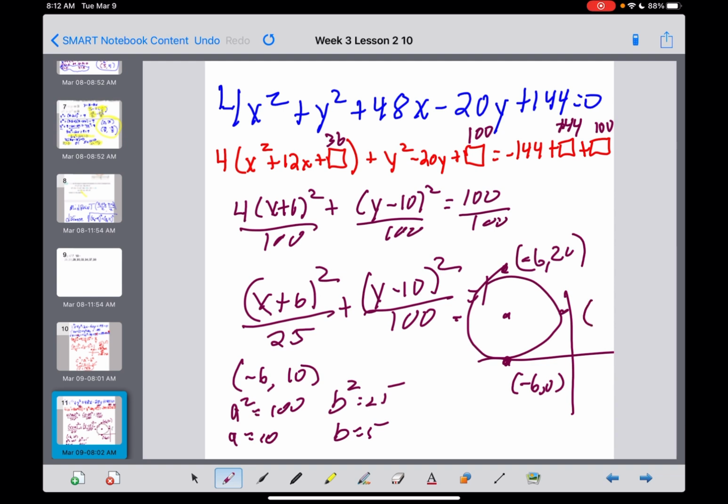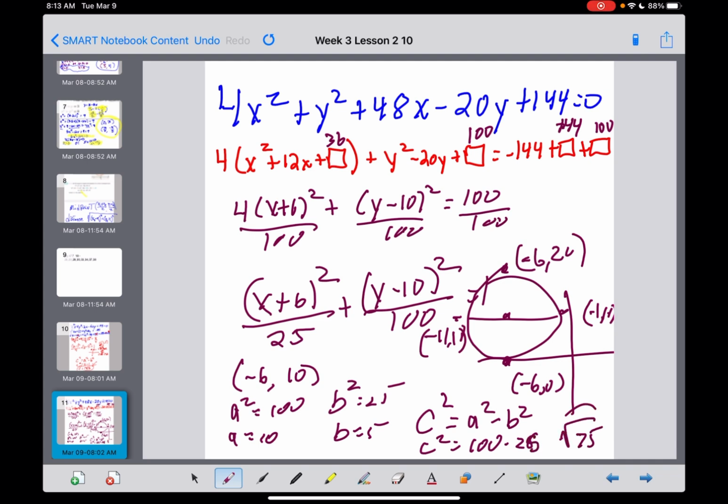This is the points negative 11, 10 and negative 1, 10, my minor axes. My focus, c squared equals a squared minus b squared. So c squared equals 100 minus 25, which is 75, so c is plus or minus the square root of 75, and then you could simplify that.